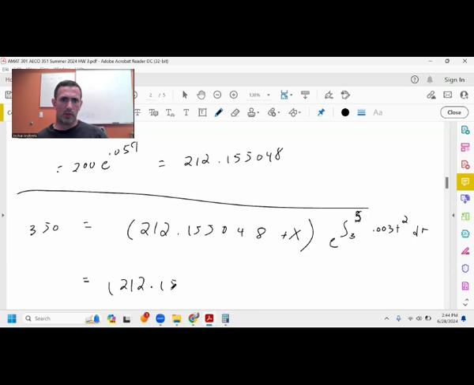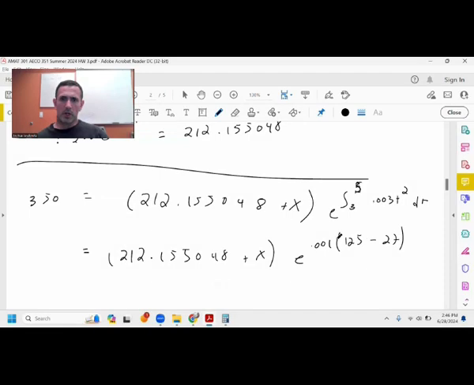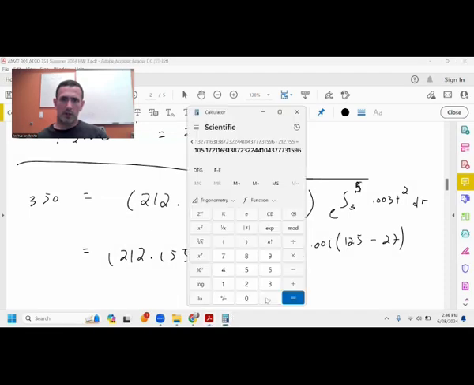Yeah, so there's definitely a longer way to do this, but it's fine if you want to do it this way. 0.001 times 125 minus 3 cubed is 27. Okay, so yeah, you do it like this. 0.001 times, or you could just do 125 minus 27. Doesn't matter.